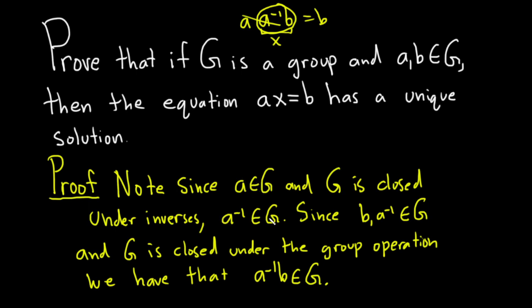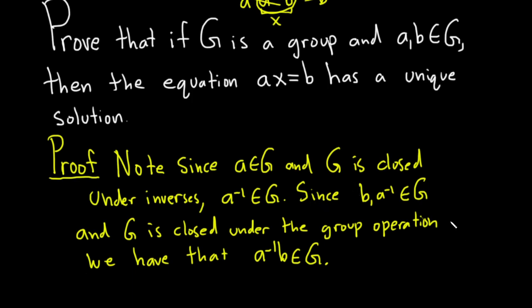So therefore, A inverse is also in G. Another criterion is that it has a binary operation defined on it, meaning that whenever you take the product of two elements in G, that product is also in G. In different groups, the product might be a sum, but we just call it the product when we're speaking in generalities. So in this case, A inverse B is also in G.